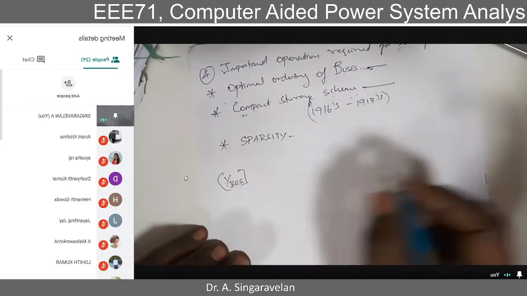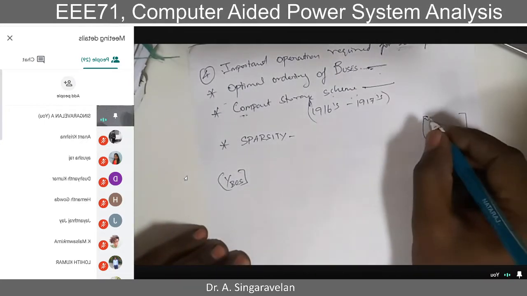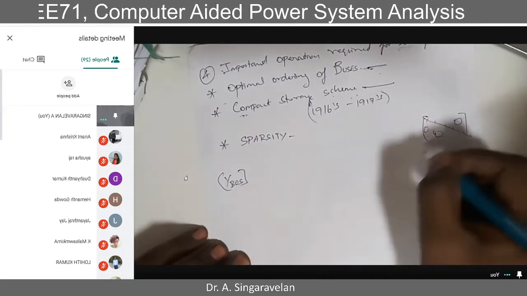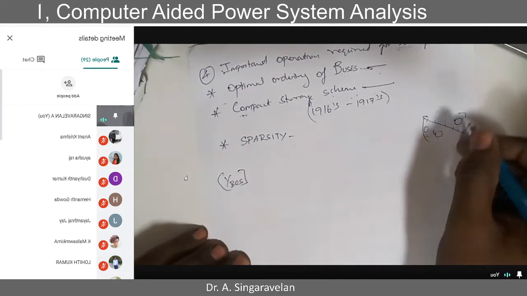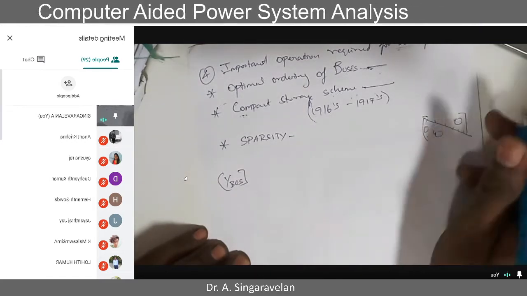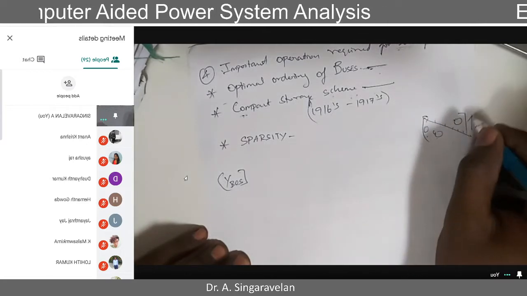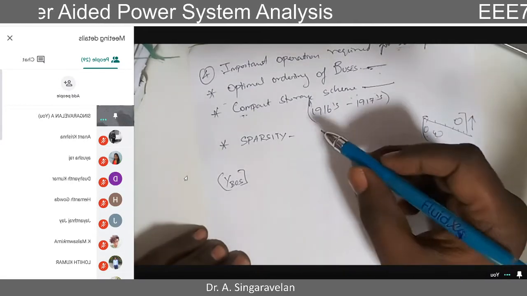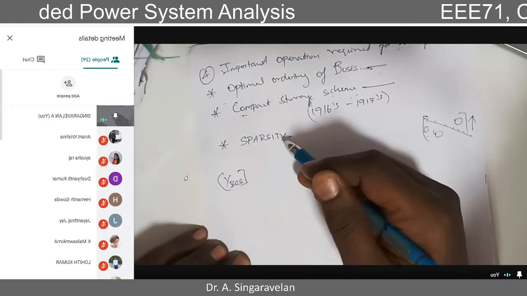If you draw the Y-bus matrix, only the diagonal elements will have some values. All the non-diagonal values are zeros. The more zeros present in the matrix, the more sparse the matrix is. If the number of zeros is more in any matrix, then we call the sparsity higher.